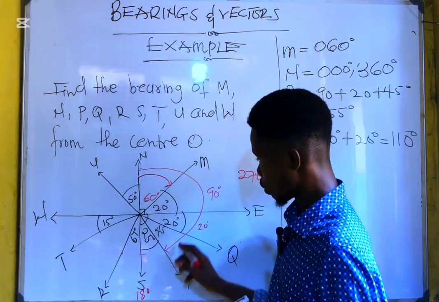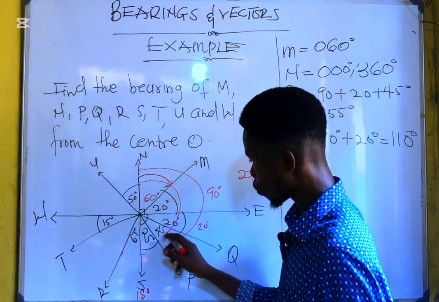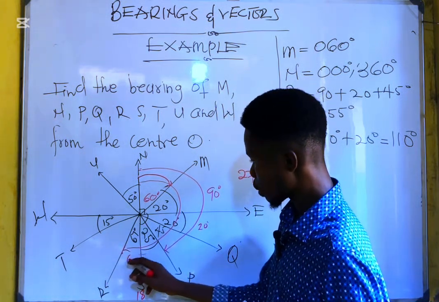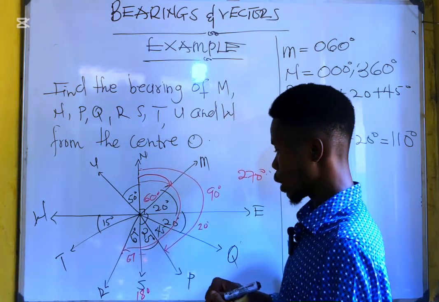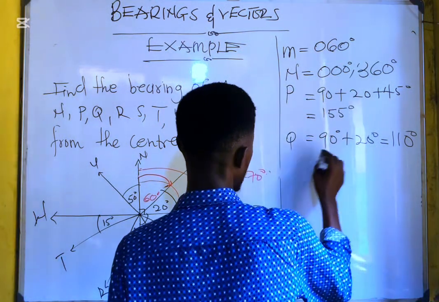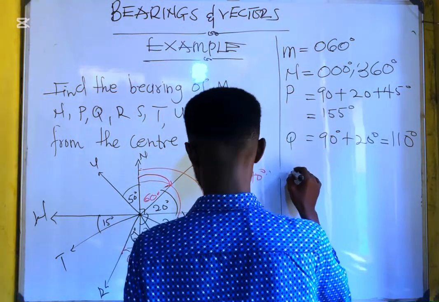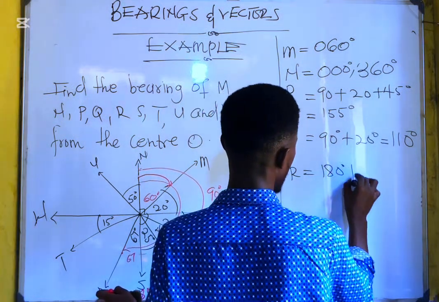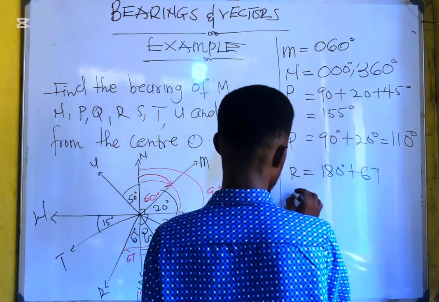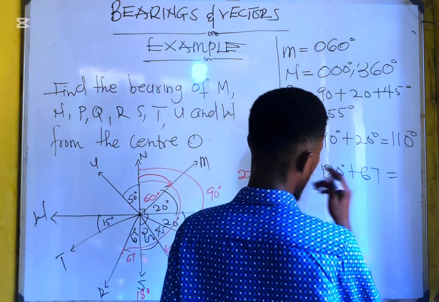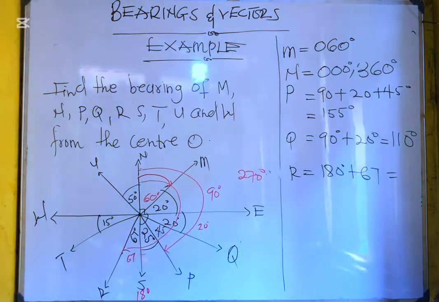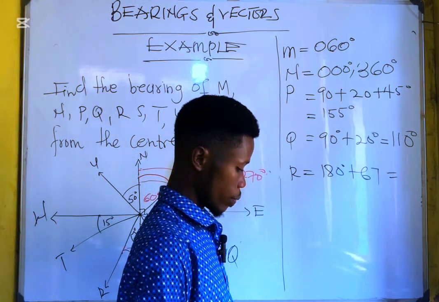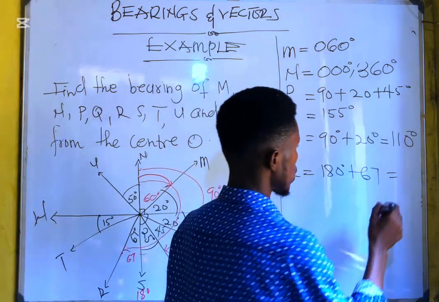Because if I start from here and I move, this is 67, so we add 67 to 180 and we get our answer. Okay, that is R. We have 180 degrees plus 67. So what will be our R? So let's add it. 180 plus 67. We get 247 degrees.